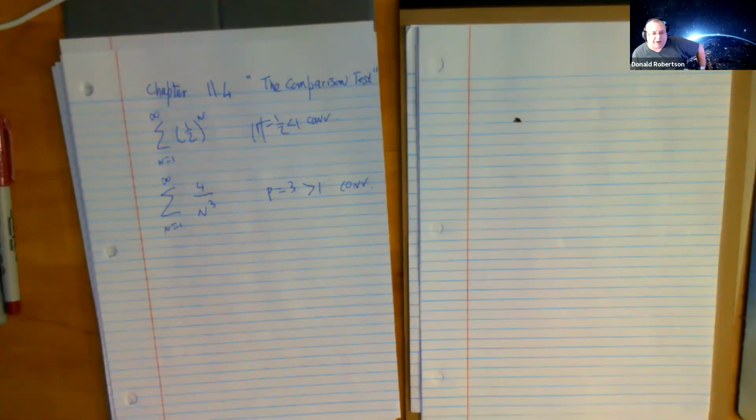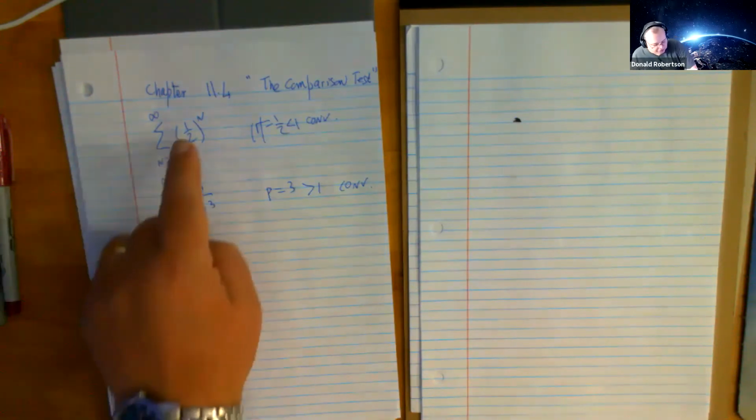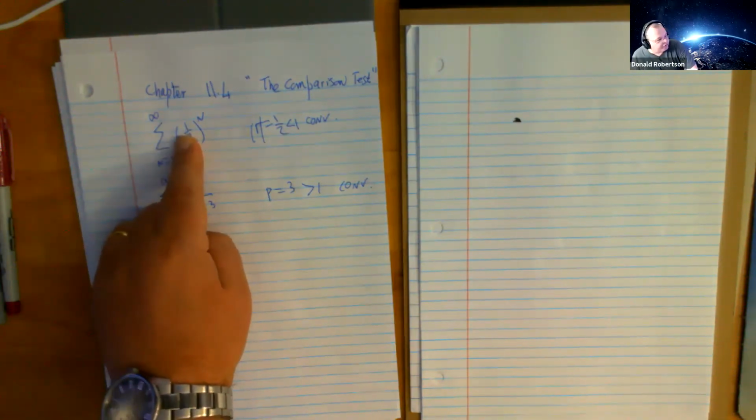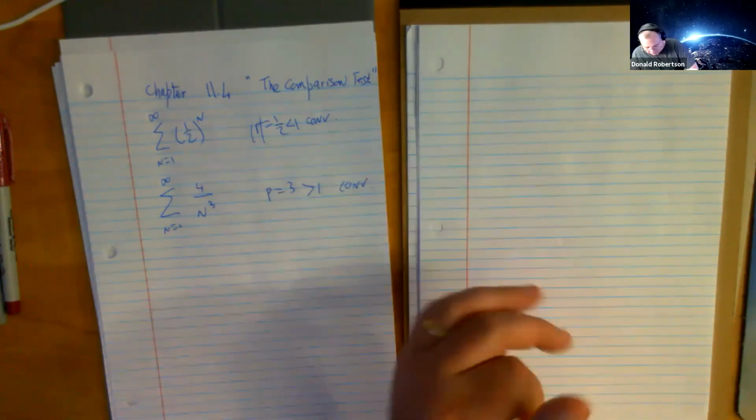The comparison test is a good name for this test. You're going to get a series that isn't one of these, but is pretty close to being one of these. So you're going to compare the series that you're given to, typically, either a geometric series or a p-series. And what the comparison test says, with a few algebraic twists, is that if your guy behaves like a geometric series that converges, your guy will converge.